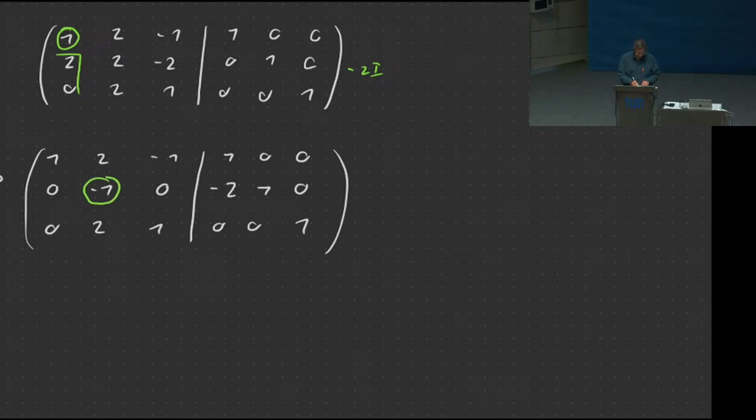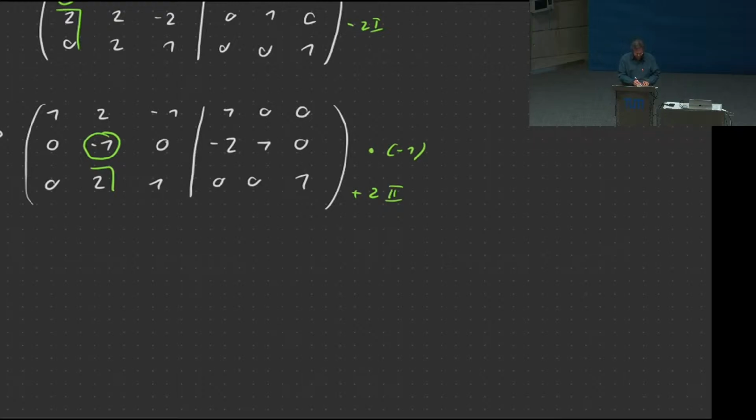Then this is going to be my next pivot element, the minus 1. And I want to eliminate that 2 here, so I'm just going to add that second row to the third row twice. And at the same time, I'm going to multiply this by minus 1 to get a plus 1 here, because I need to do that anyway. Right. I copy the first row. I don't change that.